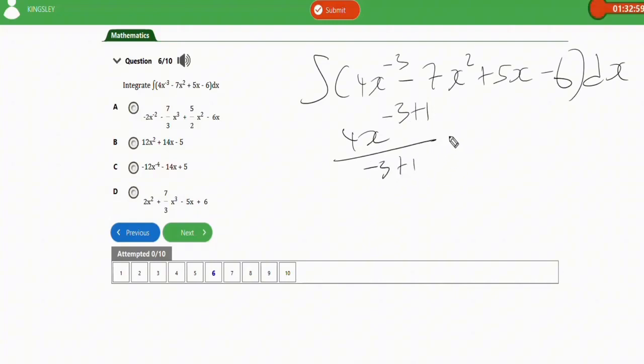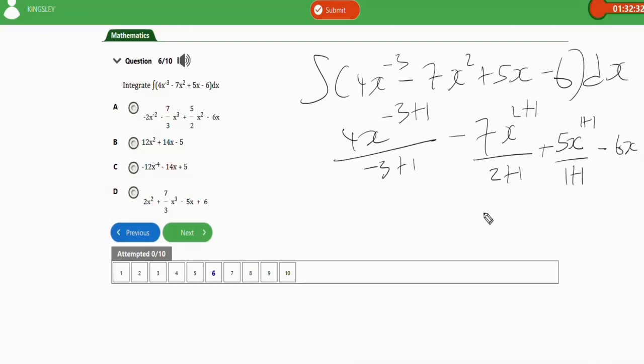Then we have minus, when you integrate 7x^2, we're going to have 7x^(2+1) over (2+1). When you integrate 5x, you're going to have plus 5x^(1+1) over (1+1). When you integrate a constant, you're going to have minus 6x.